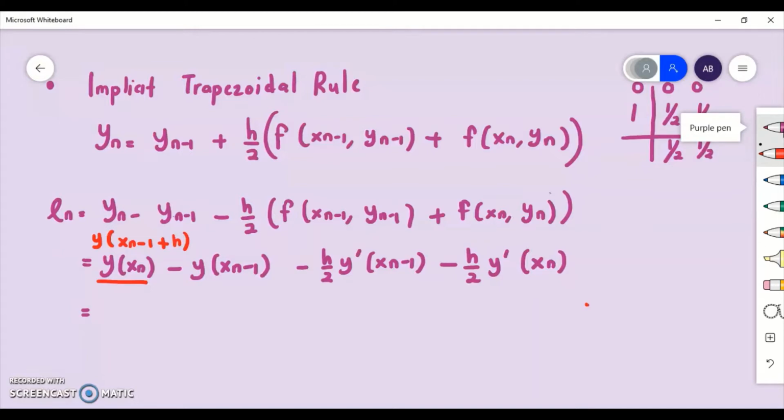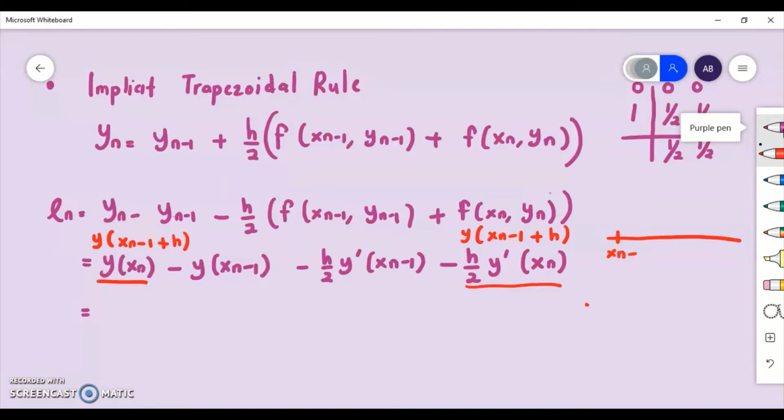Now I need to expand either one of these. So there could be either way.